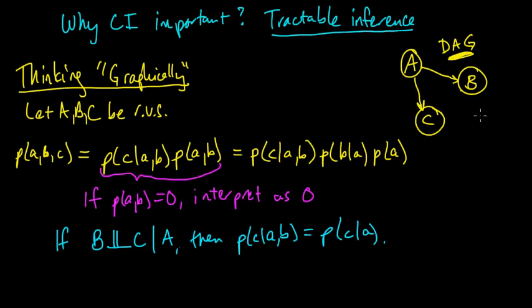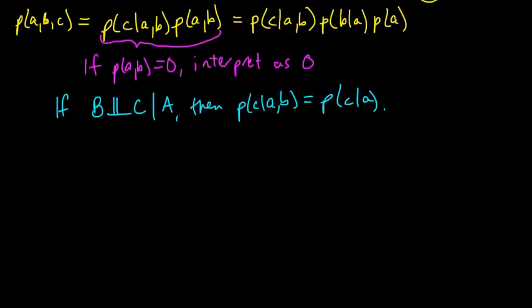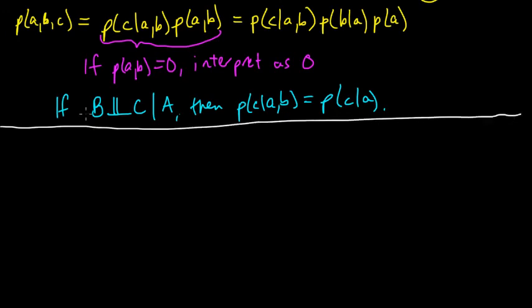Let's start thinking a little more. Let's try to generalize this a little bit more. So we haven't really said anything concrete yet. We're just sort of playing around with these distributions and with these graphs. So let's look at another example. Let's say we've got random variables x1 up to x5, and let's look at their joint distribution.